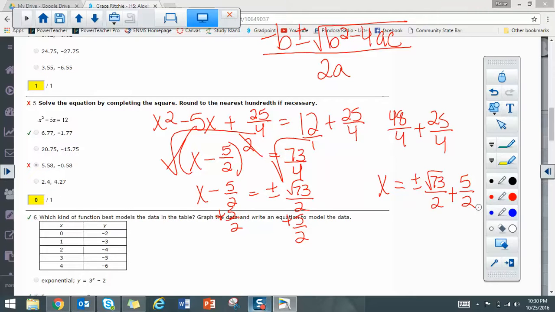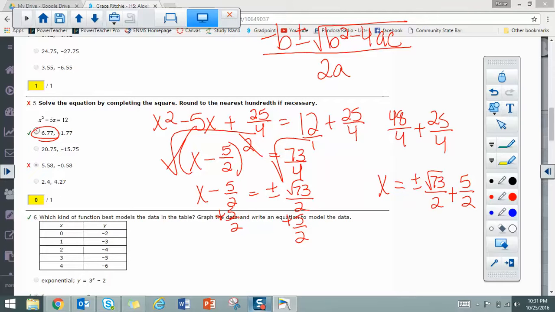Now this we can do in a calculator so we can see which answer matches ours. So first I'm going to do 73, and I'm going to take the square root, then I'm going to divide it by 2. Then I'm going to add 2.5. And that gives me 6.772 and so on. So there it is right there.